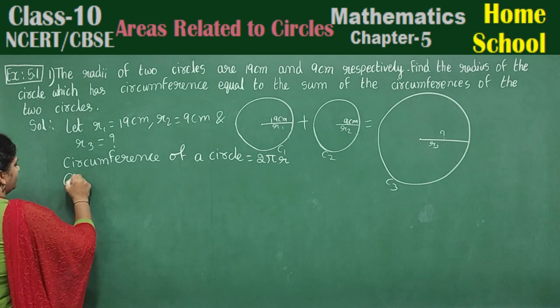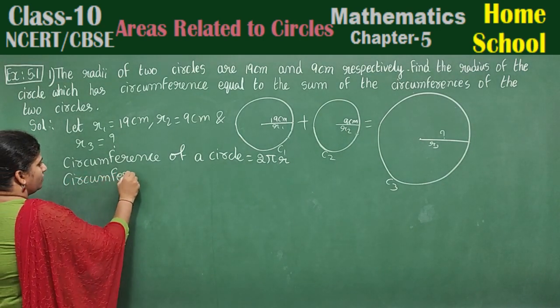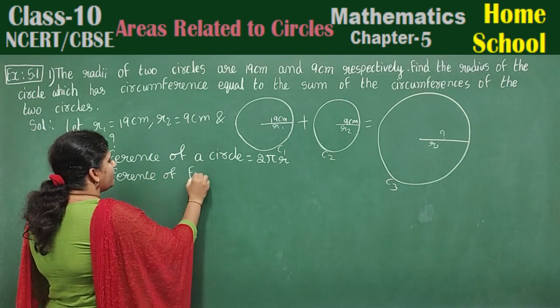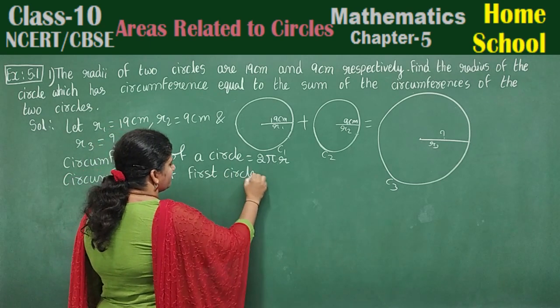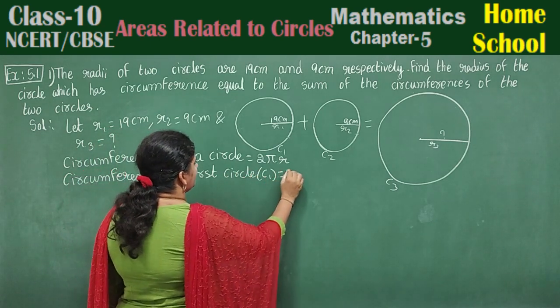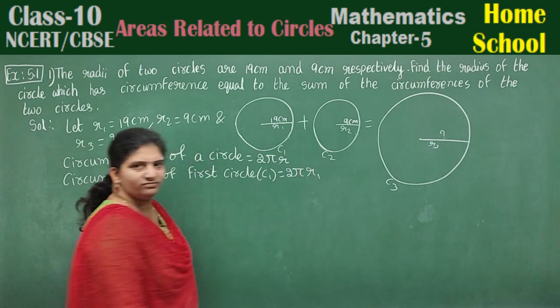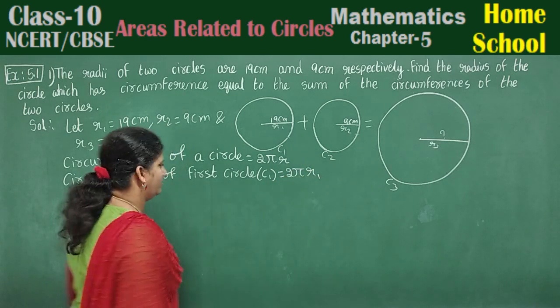Now, circumference of the first circle, C1, is equal to 2 pi R1. Okay, 2 pi, the radii are different, so R1.